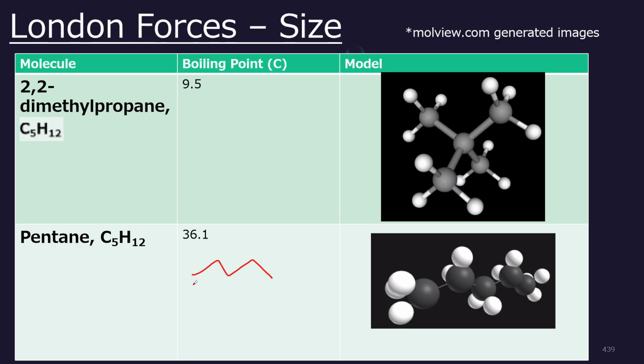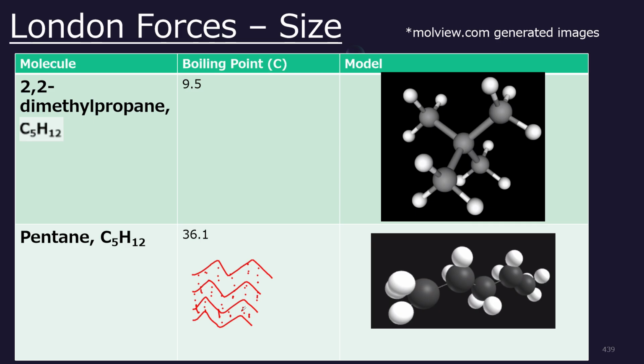I'm not going to draw them all, but pentanes are able to stack up with each other. There's a big surface area where you're going to have London forces, induced and instantaneous dipoles. That is enough to increase this boiling point 20 degrees.